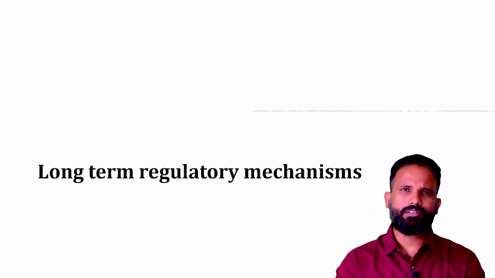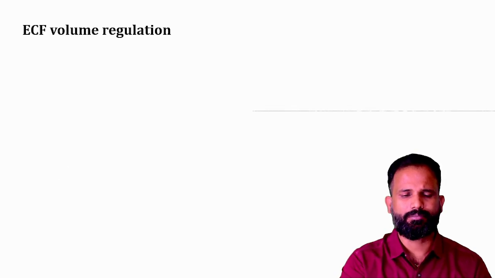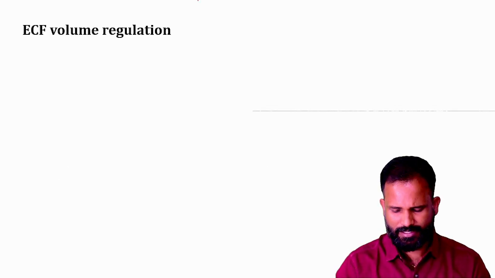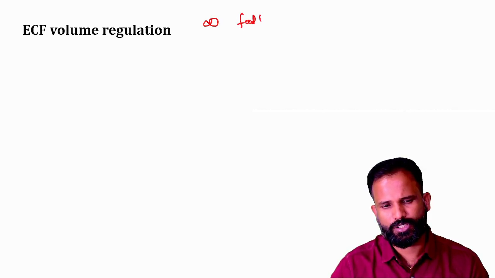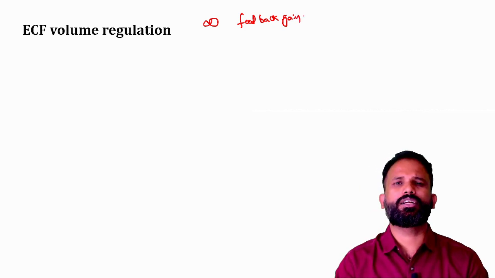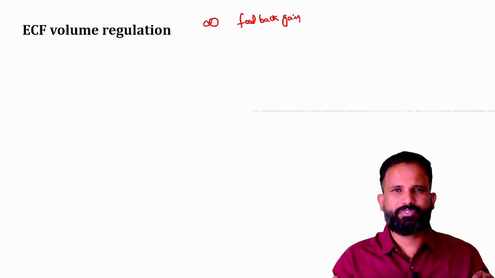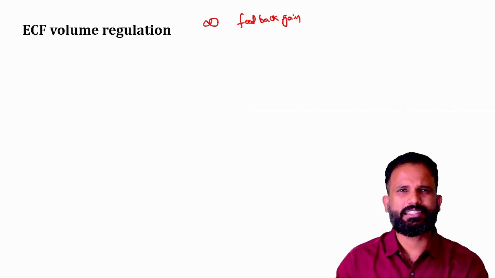And coming to the long-term regulatory mechanism, the important long-term regulatory mechanism which has infinity feedback gain. So it can correct the error to 0. So it has an infinity feedback gain. So what is that? ECF volume regulation.